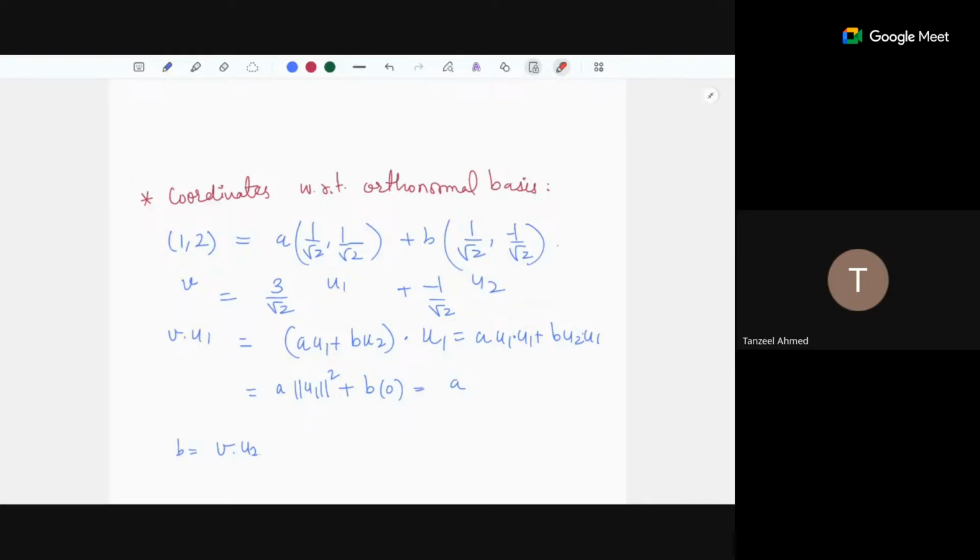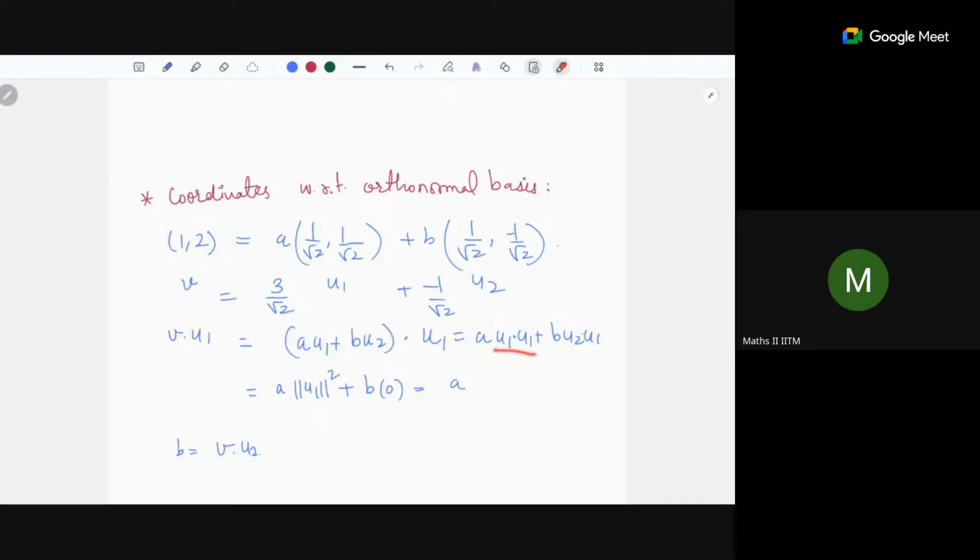Can you say that again, please? I'm using linearity here. The first argument has a linear expression, so I'm using linearity to expand this into the left hand side and the right hand side. Now u2 dot u1 is 0 because u2 is orthogonal to u1.